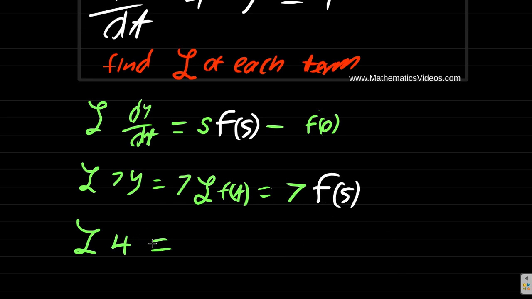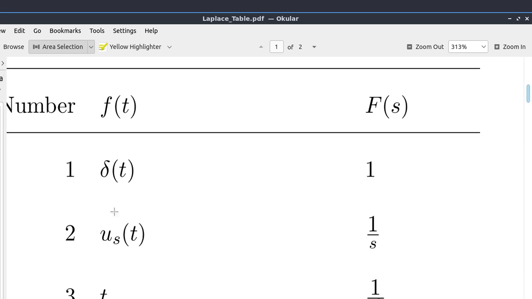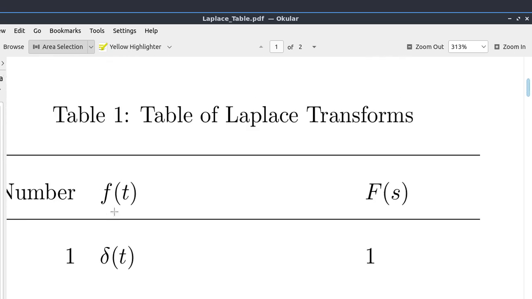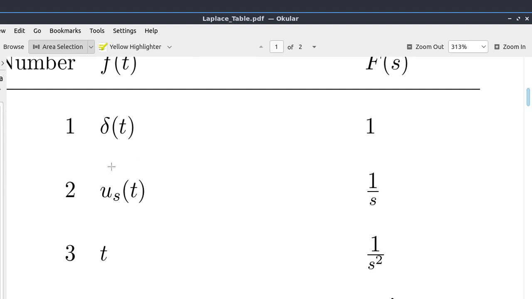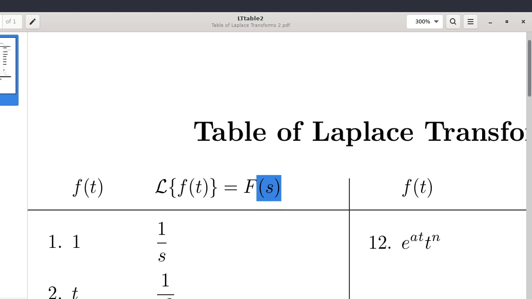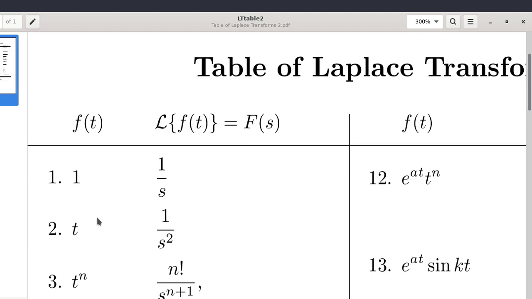Now what's the Laplace transform of 4? In this case, our table will give us the Laplace transform of a number. Well, here, this table shows it in a more complicated way. Instead of showing a number, it's showing delta t. So let's see what this table says. Right, simple.